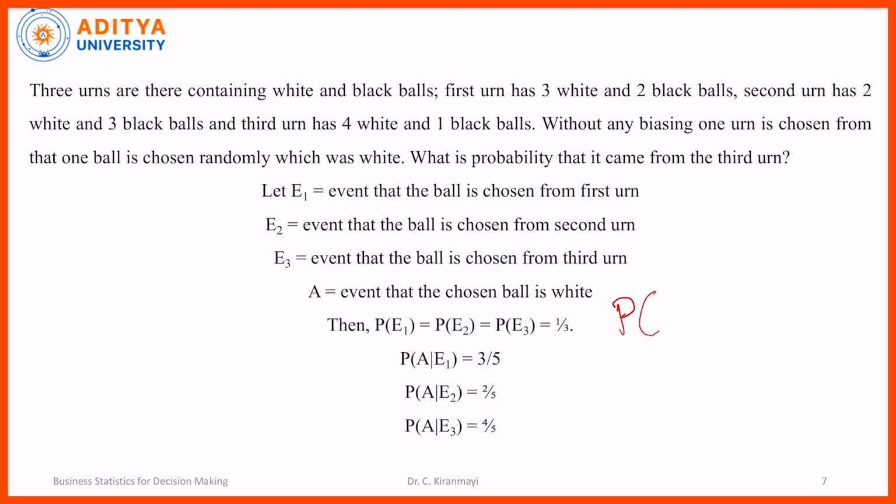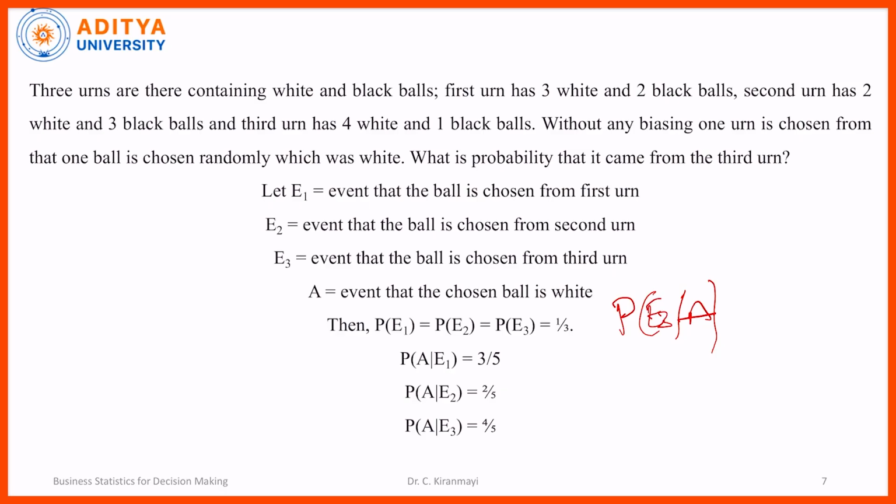One event has already occurred: a ball is selected at random, which is a white ball. We have defined that event as A. So event A has already occurred, and what is the probability of that white ball coming from the third urn?